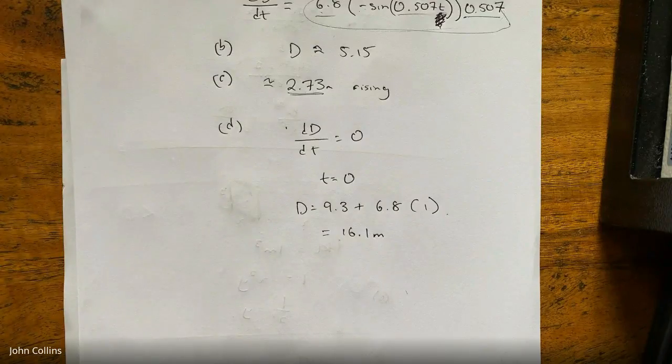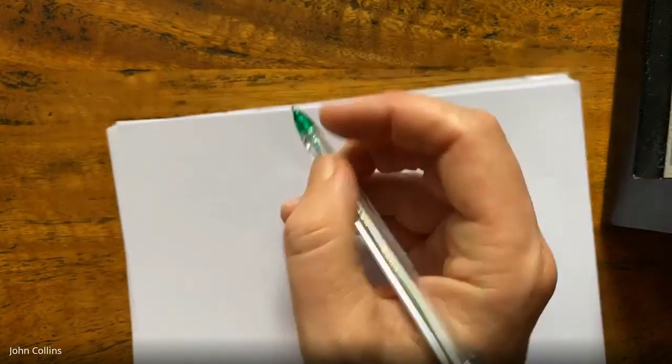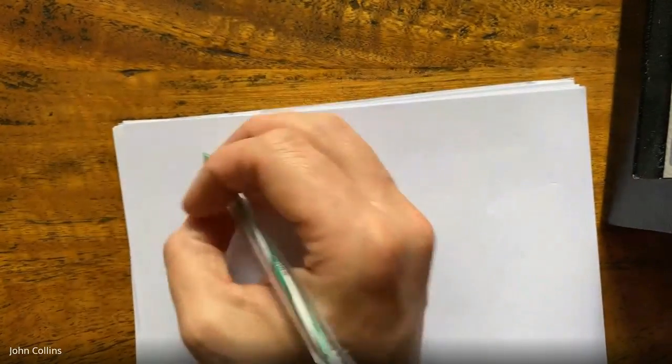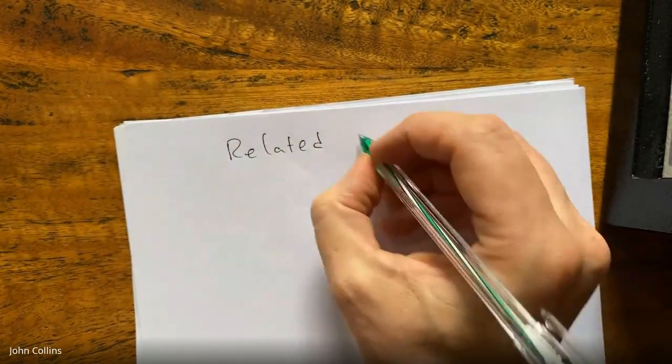All right. And the last question, which I will preface by doing related rates in general, and then I'll actually do the last question. Right. Okay. So related rates is, if you looked it up on the internet, you may have seen a ladder example used.